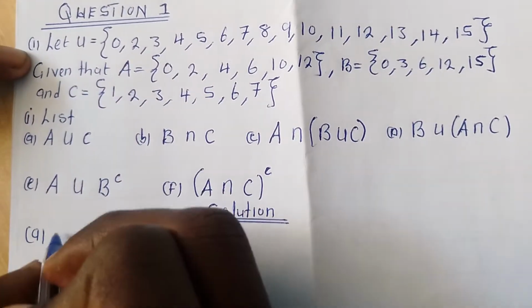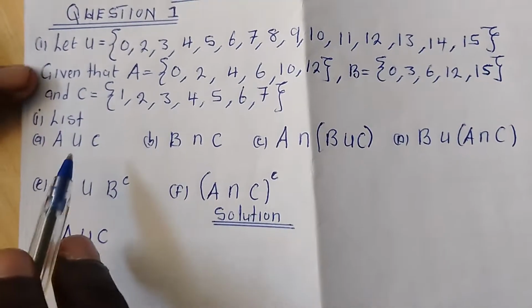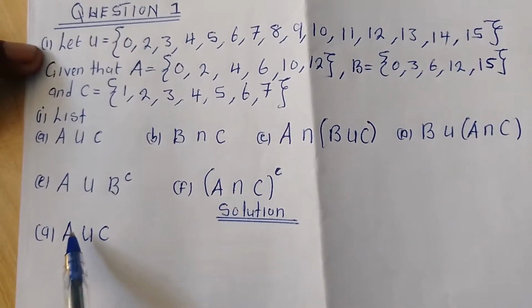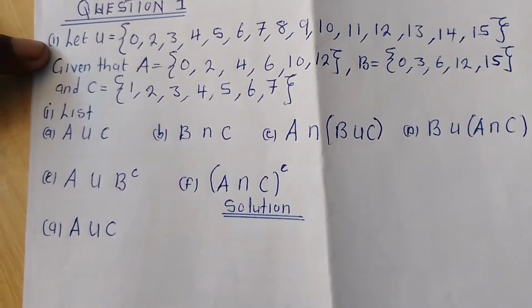Now, A union C, union simply means uniting. We are simply uniting this family of A and this family of C together.